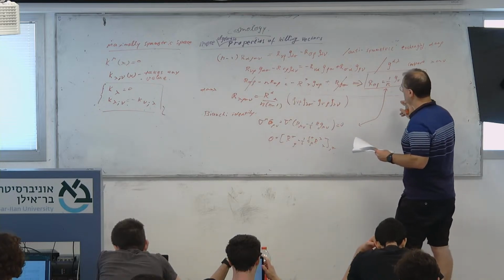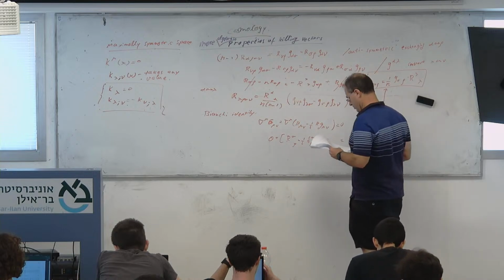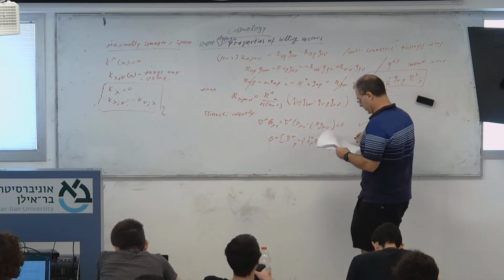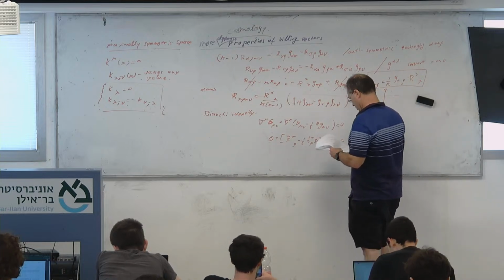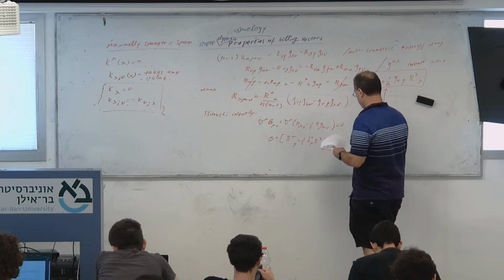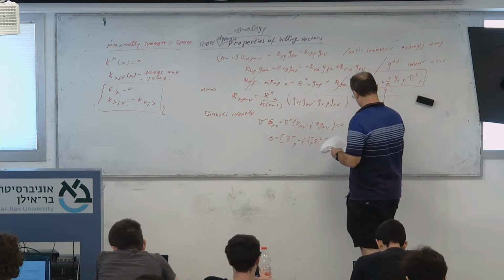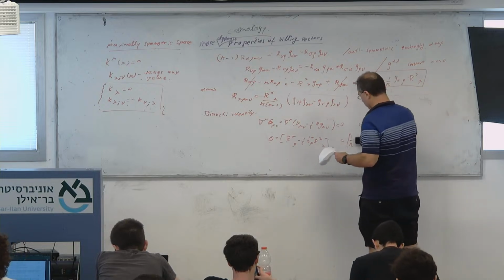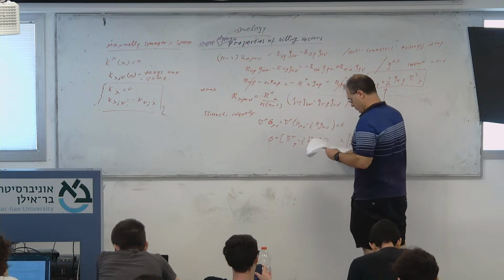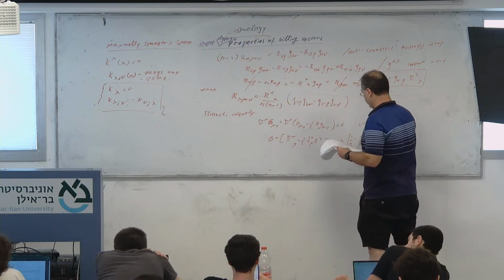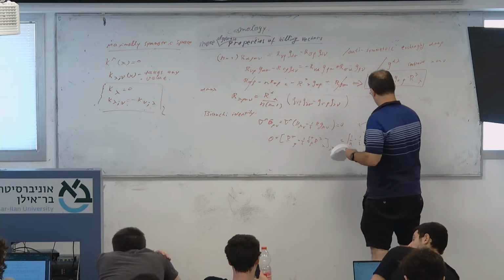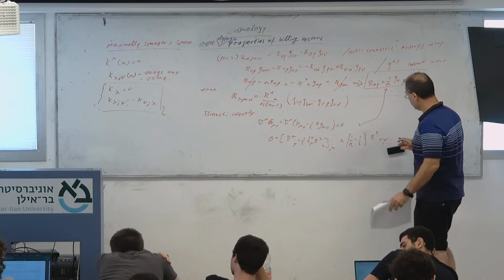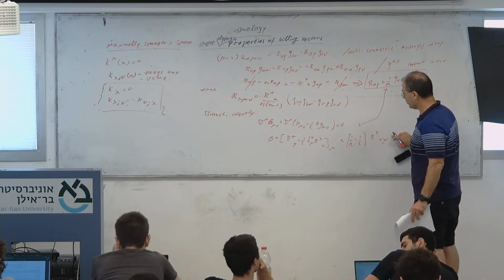But this is R sigma rho, that is just 1 over n minus 1/2 delta sigma rho R lambda lambda. Sorry, this is 1 over n minus 1/2 R lambda lambda sigma. What does it mean?